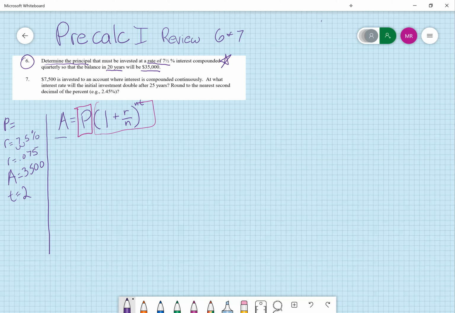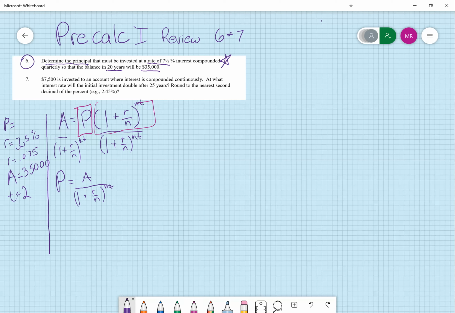If I divide each side by 1 plus R over N to the N times T, I'm still keeping the equation balanced. Now I've set it up so that my principal equals the amount divided by 1 plus R over N to the NT. You don't have to do it this way. This is just a little bit more straightforward for me.